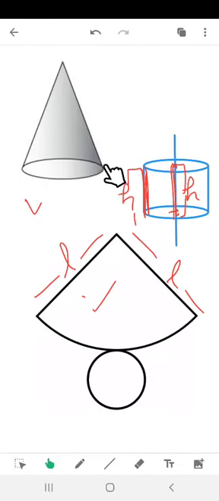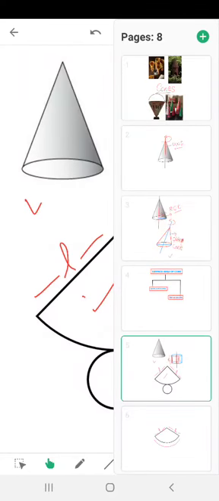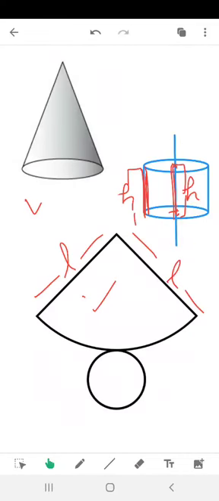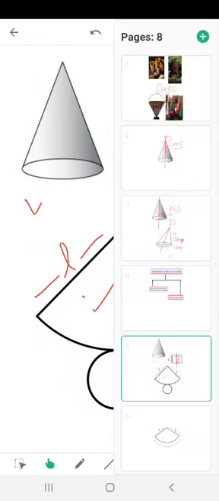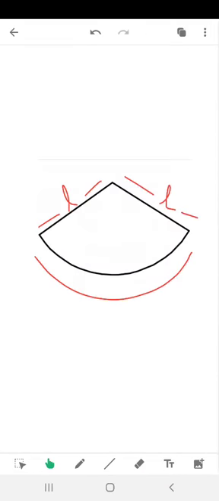The circumference of this circle, because when I cut this open, it became like this. So it is the circumference of this particular circle. Okay, and you know what the circumference of a circle is? It is 2 pi r. So basically this whole length is 2 pi r.